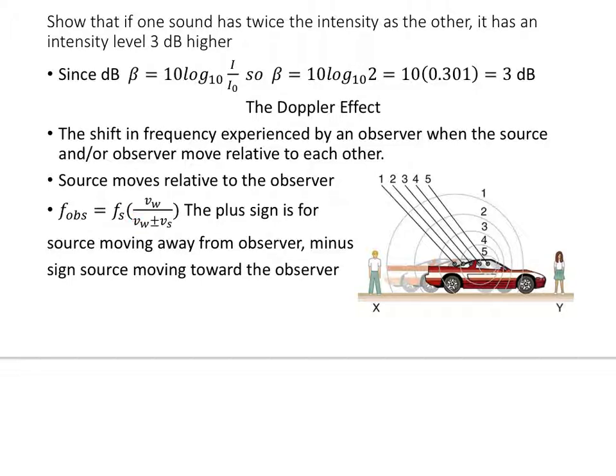Now you'll notice here it's plus or minus, so this equation can be used either when the source is approaching the observer, as in Y here, or if the source is moving away from the observer, as in X. And it shows right here how the plus sign is used when the source is moving away from the observer, and the minus sign when it's moving toward the observer.